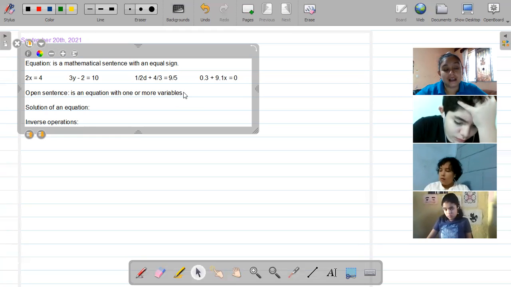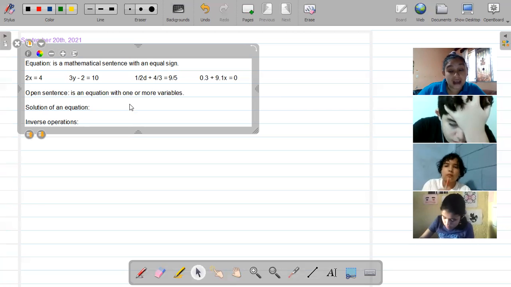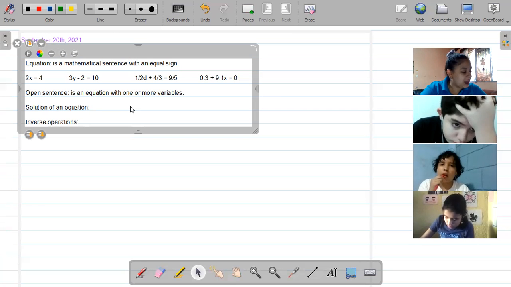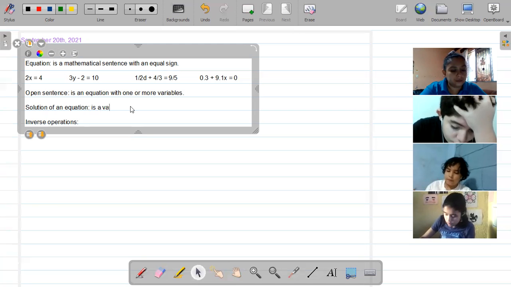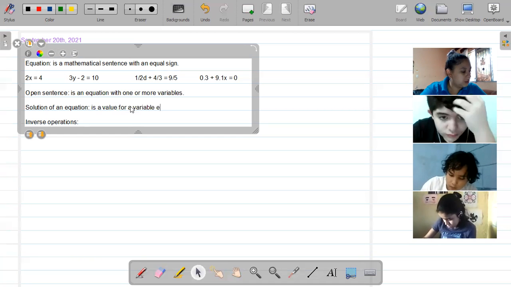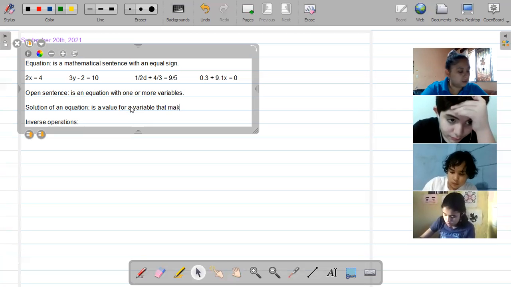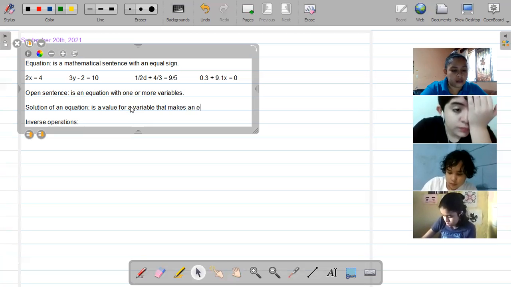And that's our next definition: solution of an equation. What is the solution of an equation? It is a value for a variable that makes the sentence true, or the equation true.